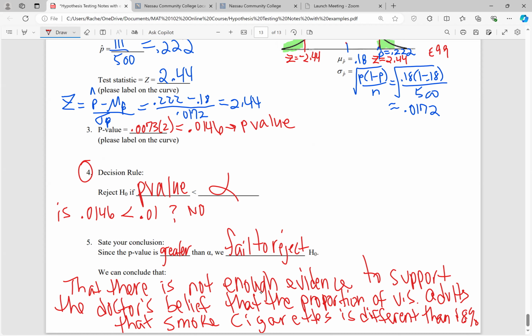So there is not enough evidence to support the doctor's belief that the proportion of US adults that smoke cigarettes is different than 18%. We don't have enough evidence to support that claim.